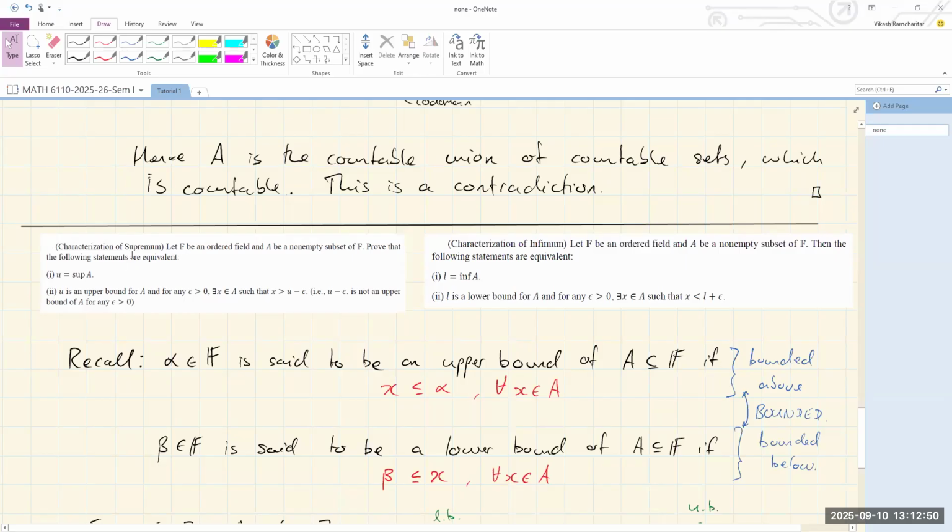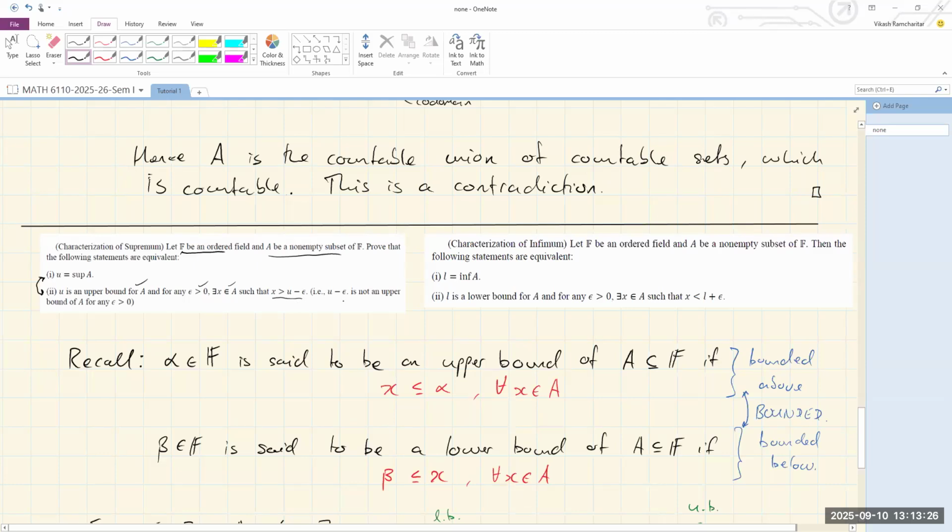So I want to prove this characterization of supremum. It says, of course, let F be an ordered field and A a non-empty subset of F. These two statements are equivalent. One: U is the supremum. Two: U is an upper bound for A, and for any positive number epsilon, there exists an element in A that is bigger than U minus epsilon.